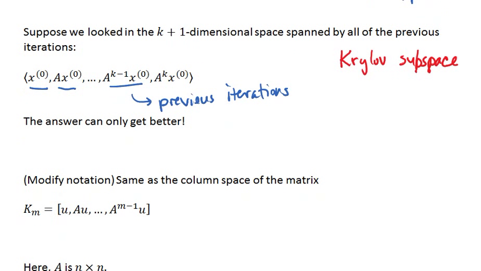We'll set up the notation and the definitions in a second, but we'll just point out that things can only get better. If before we looked only in this dimension of the space, and now we're allowing ourselves to look in all the other dimensions as well at the same time, well, we can only do better by doing that. And it turns out we do a lot better.